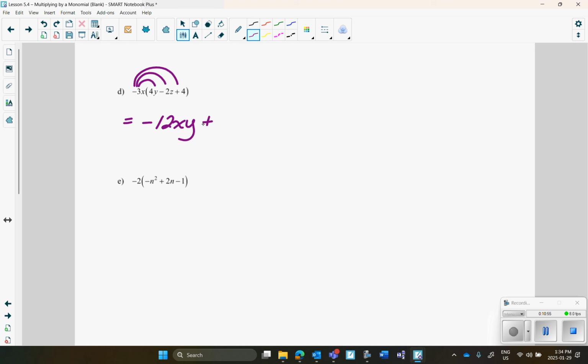You added negative 3 times negative 2. That's 12. Good. There you go. They're all different. They're not like terms. We can't combine anything.